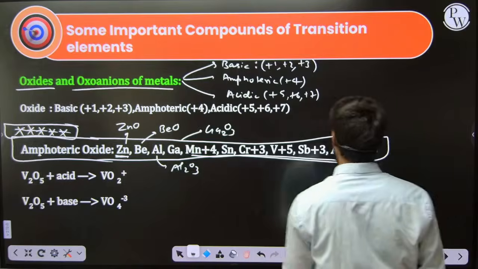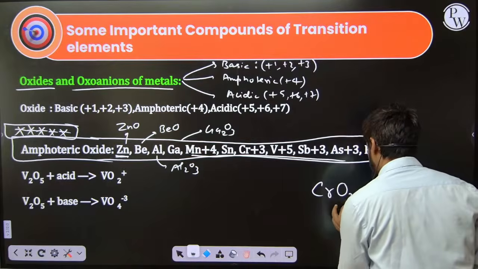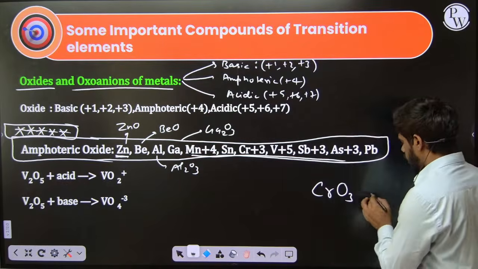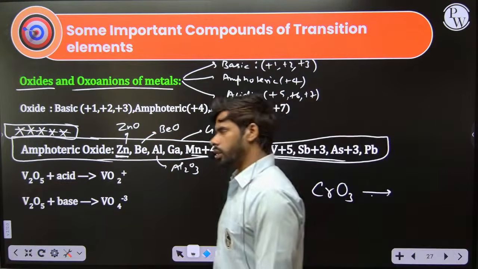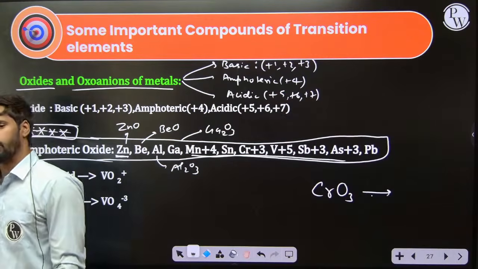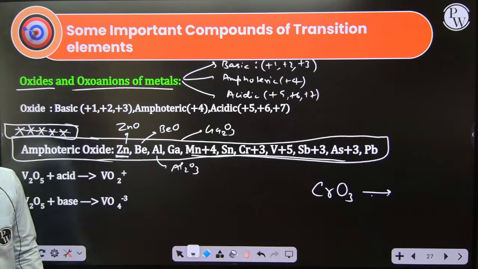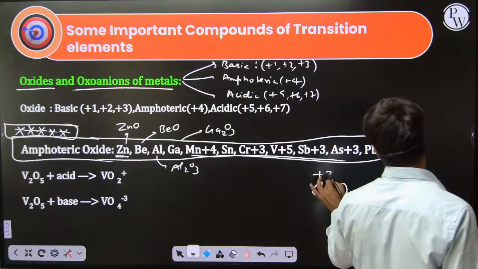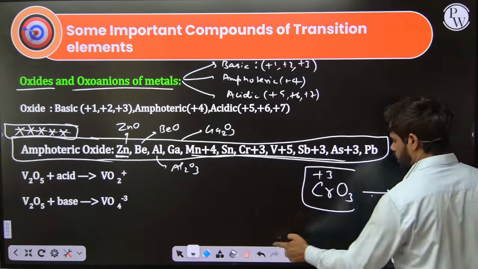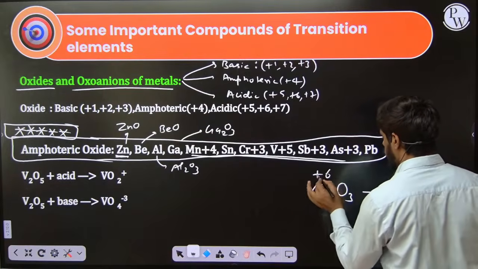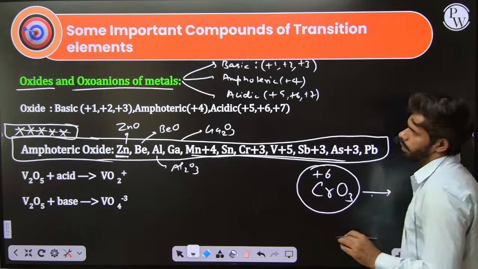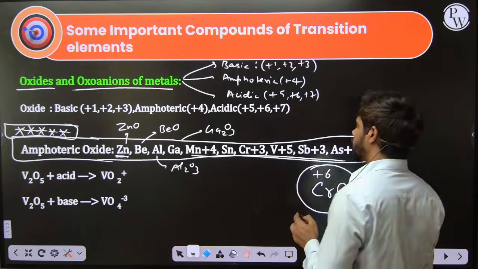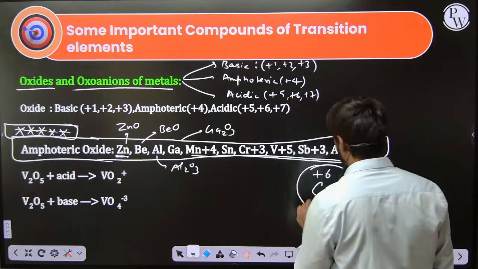So if CrO3 is given, what is the nature of CrO3? If we check the oxidation state of chromium here, it will be +6, and +6 is not for amphoteric.